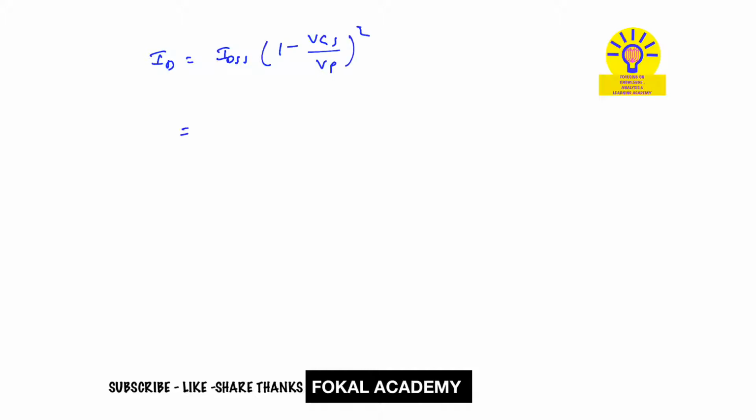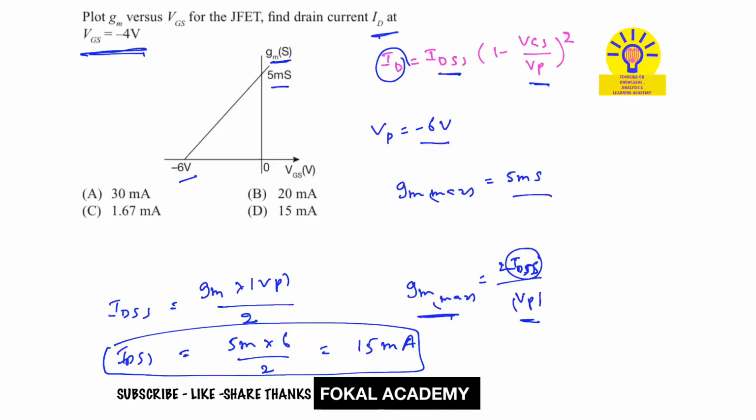IDSS we got 15 milliamperes into (1 minus minus 4 by minus 6) whole square. The minus signs cancel, and by simplifying this we get 1.67 milliamperes. This is the drain current at VGS minus 4 volts. So from the options, option C is the correct option.